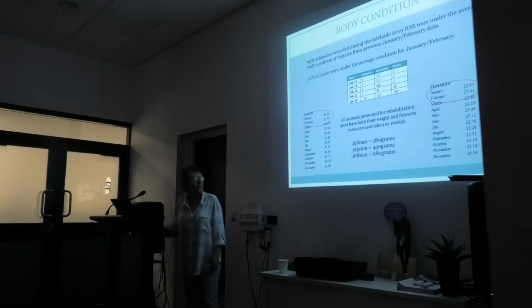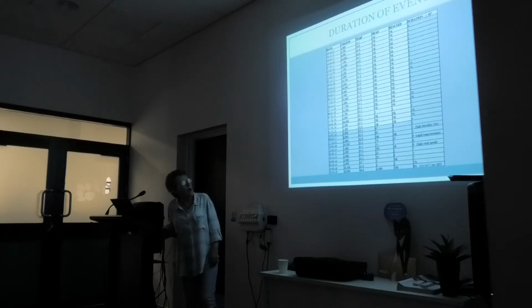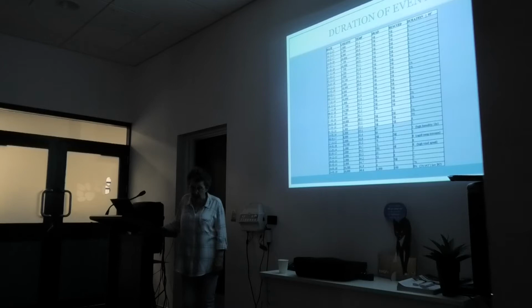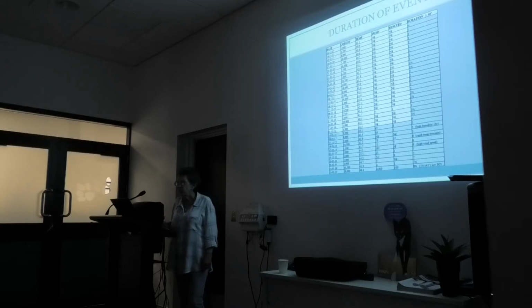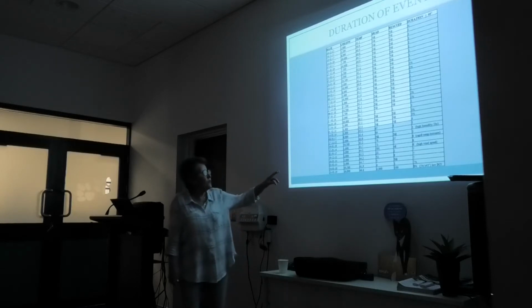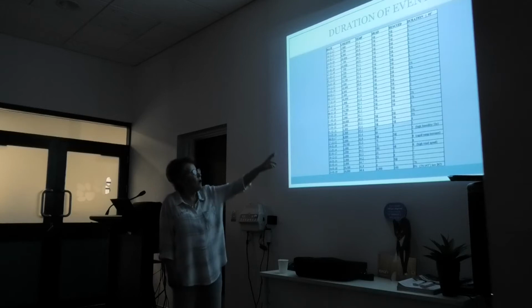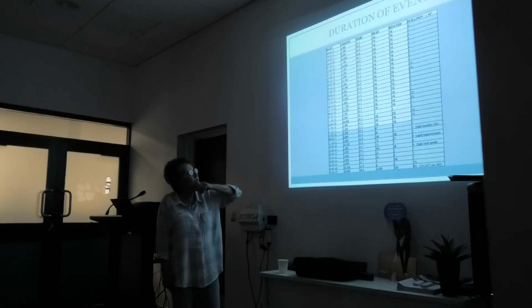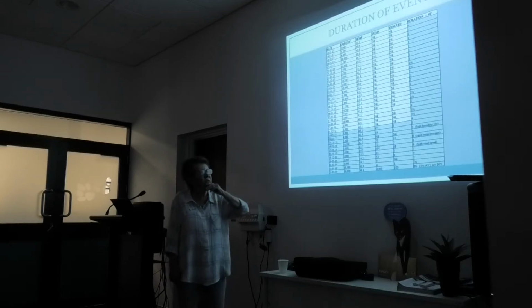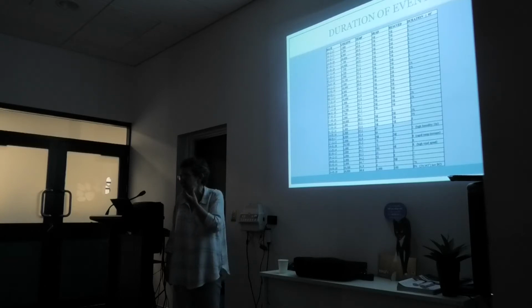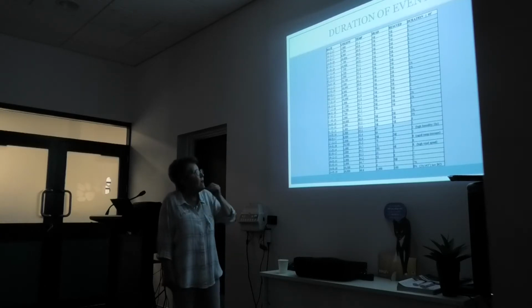Yeah. So body condition, and of course the other thing that affects the animals is how long the heat lasts. So this sort of tells you the duration of the event. This side is the number of hours that the temperature was equal to or greater than 40 degrees.